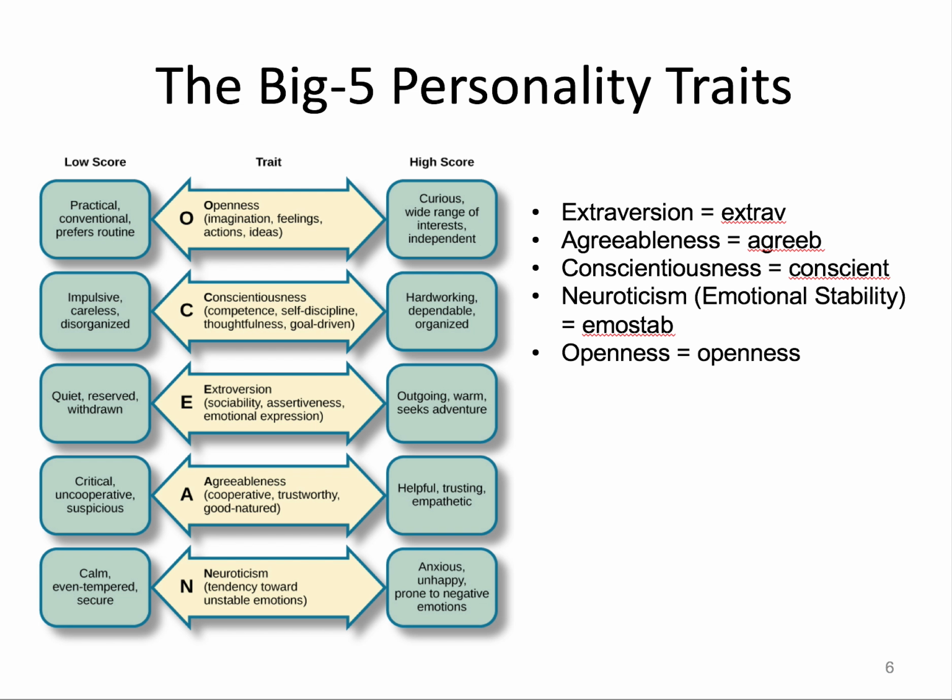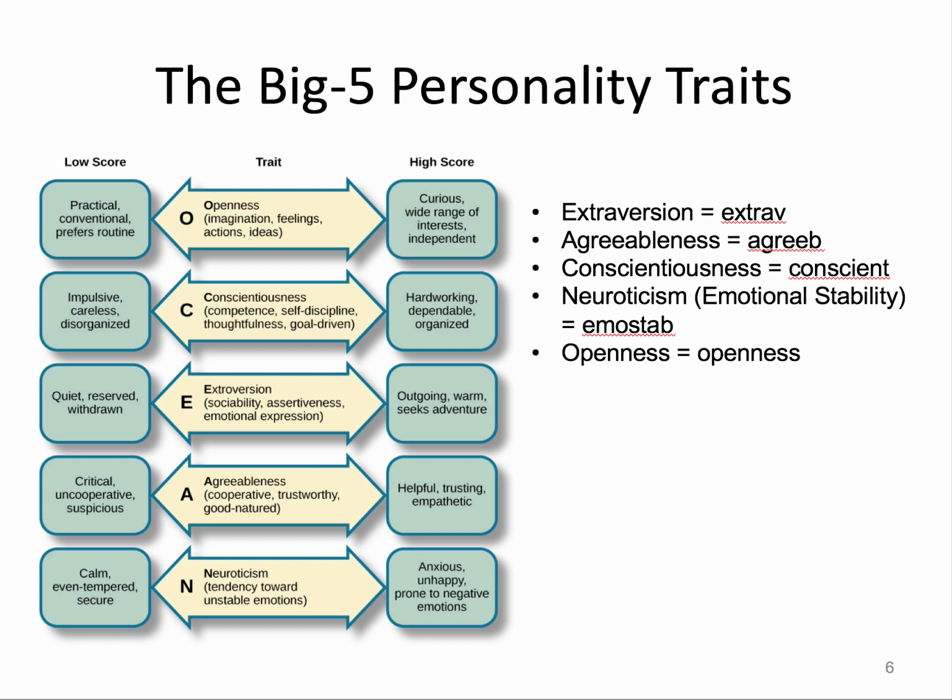So you may already know a lot of these traits, but in the middle you'll see the trait description itself. So a bit of an example of some synonyms, some other ways in which you might describe that trait. And then you'll see what a low score looks like and what a high score looks like. So this is how you would read this chart.